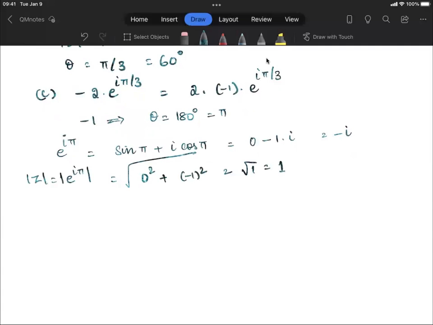So the magnitude is 1 and the phase is 180 degrees.